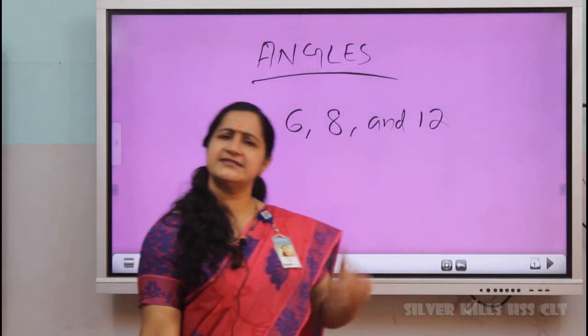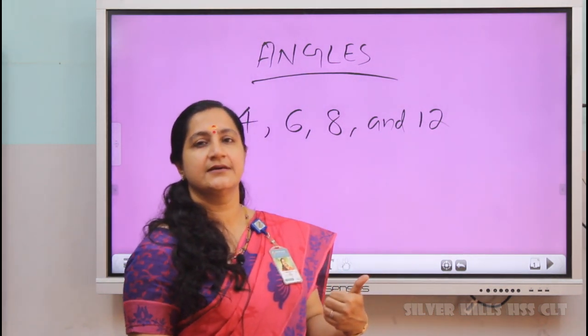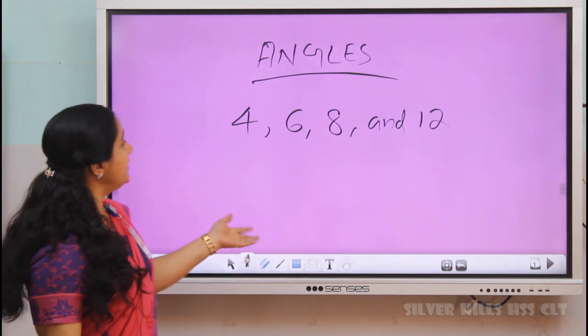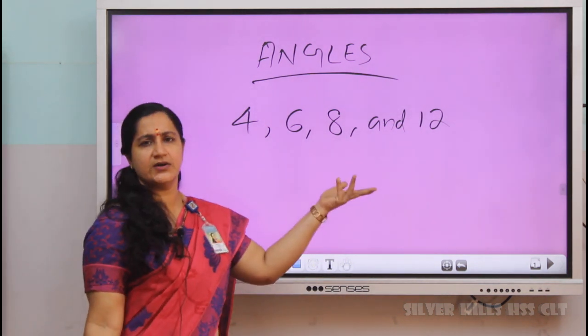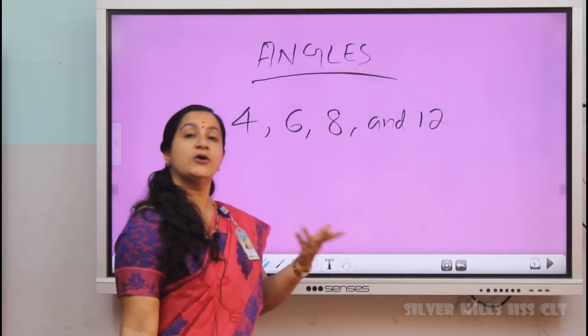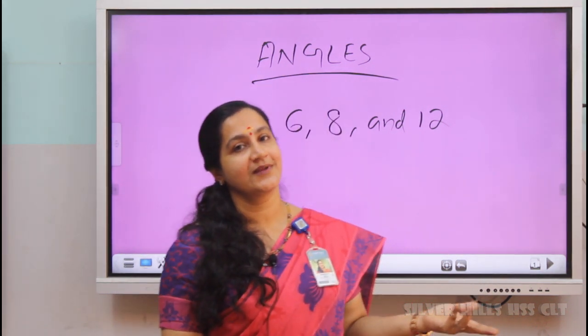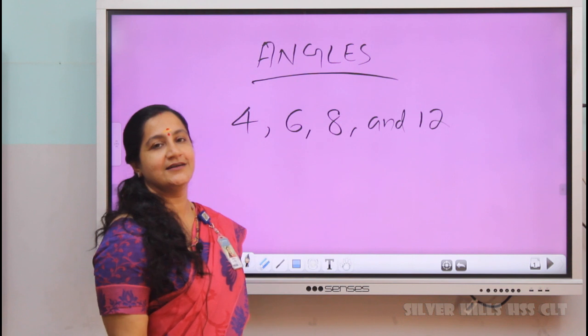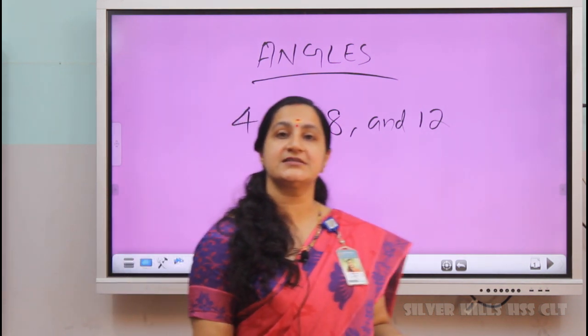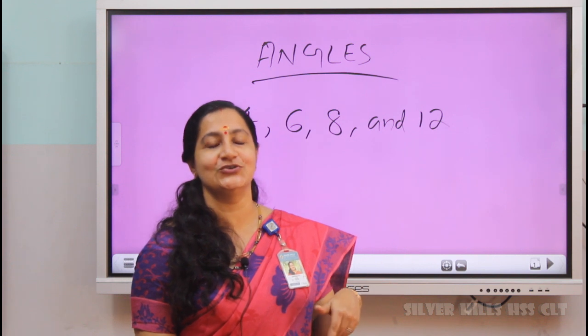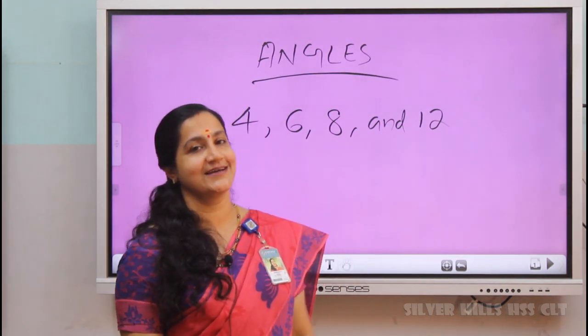So, dear children, is it sufficient for us? Do we have to divide the circle only into 4, 6, 8 and 12? What if you want to divide the circle into 5, what will we do? Okay, don't worry children, we have another instrument. I will tell you how we can divide the circle into 5 equal parts.